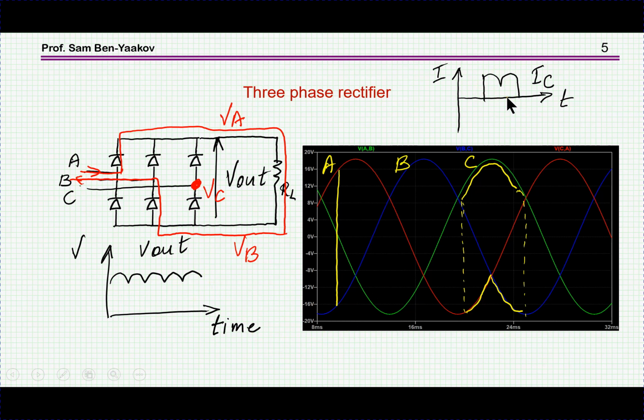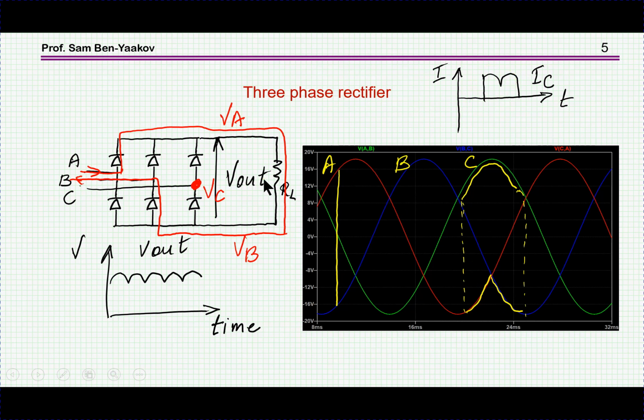This is for half a cycle, because say if I look at phase A, here it's high, and then this is low and this is low, so we are going to have a current during this section when phase A is conducting and then phase B is conducting, and due to this change in the voltages, we're going to see this current if, of course, the load is resistive.